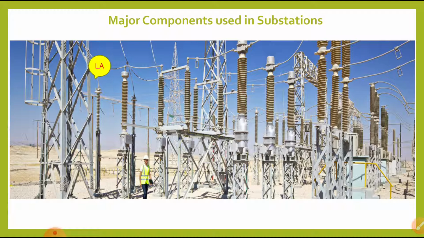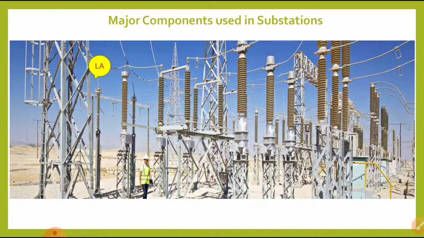That means under normal frequency and normal voltage, it acts as a good insulator. Whenever a surge comes at high voltage and high frequency, it acts as a good conductor, in such a way that we divert the surge. It may occur at any time, that's why it is the main protection.